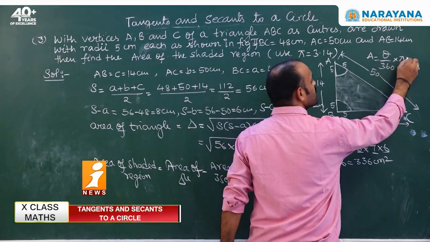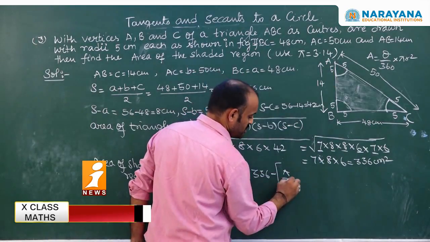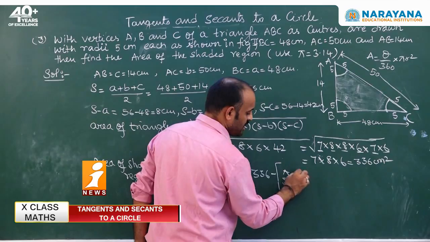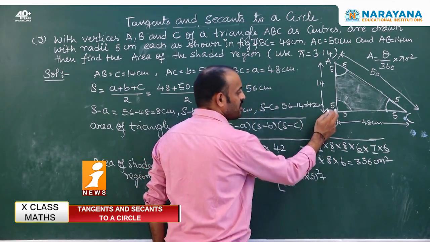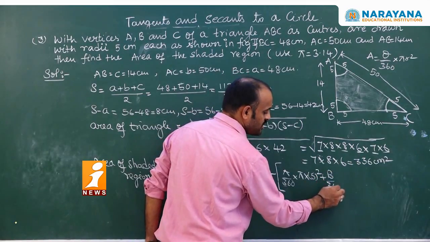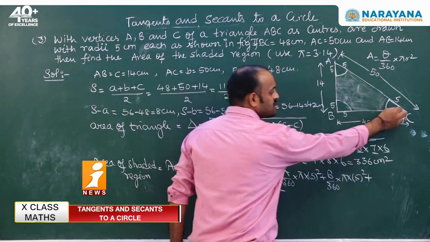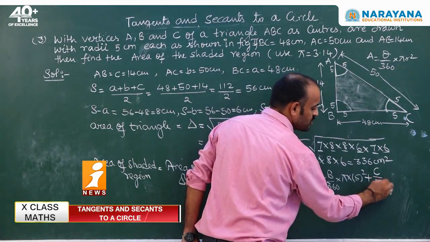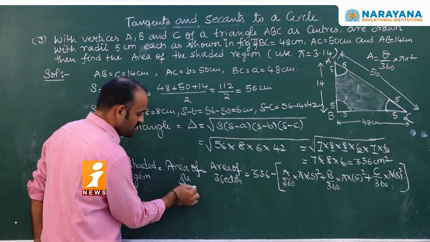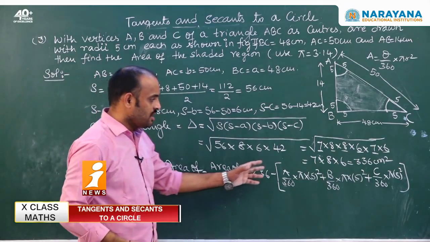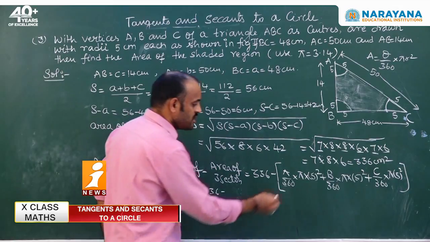pi r square. That means A by 360, here the angle is A, into pi r square with radius 5, so pi into 5 square, plus B by 360 into pi 5 square, plus C by 360 into pi r square. Keeping this in mind, writing all these in one place, 336 minus, see this is common.